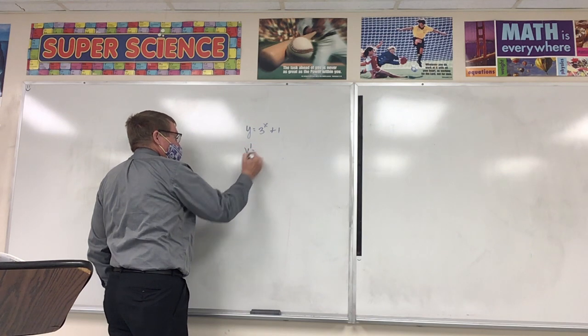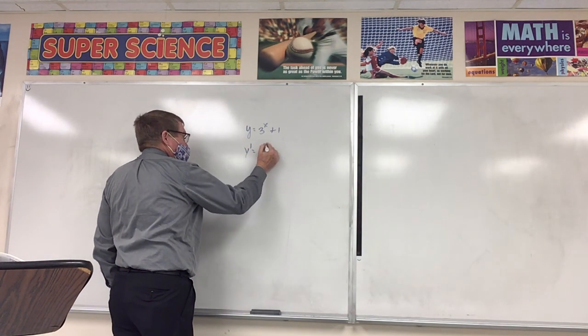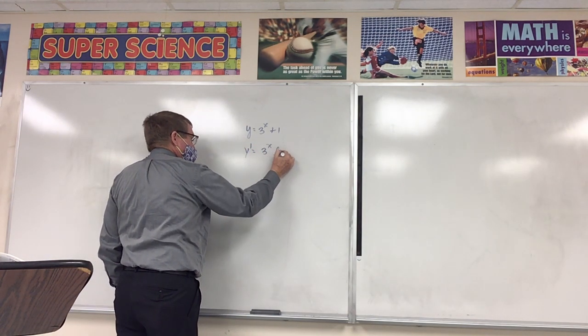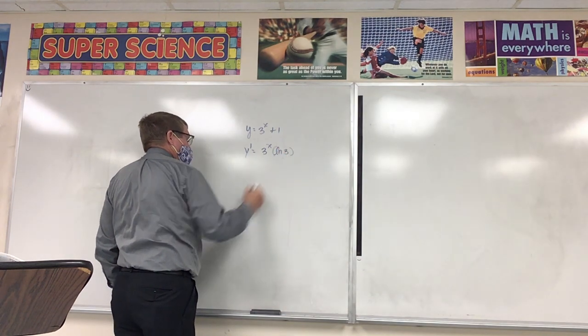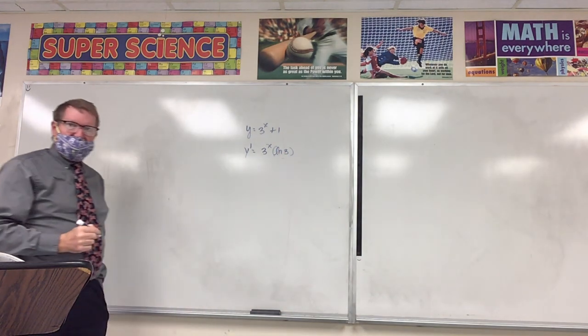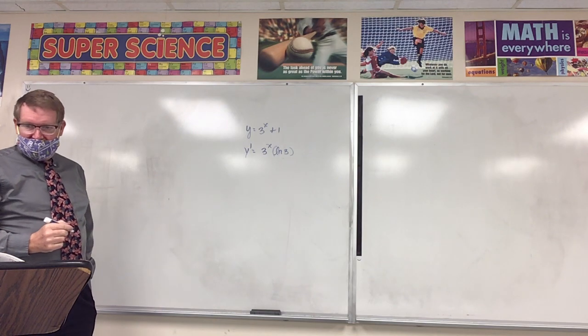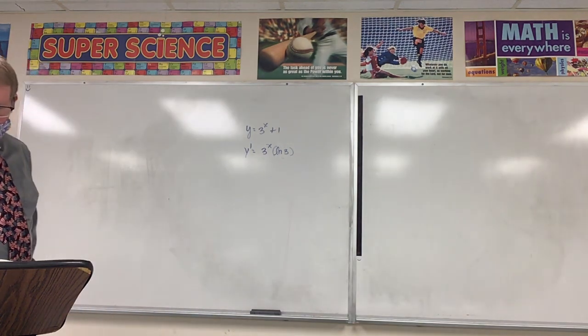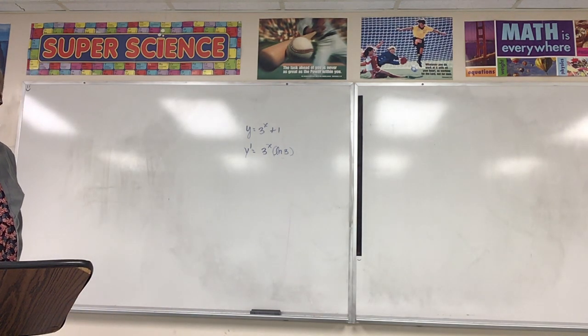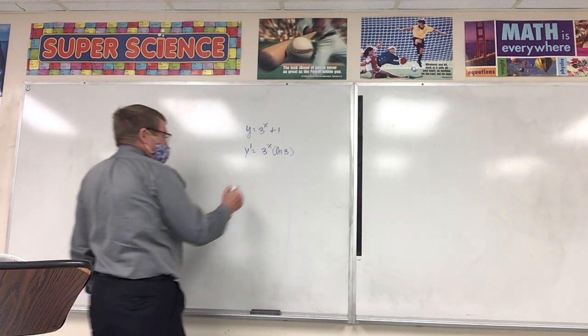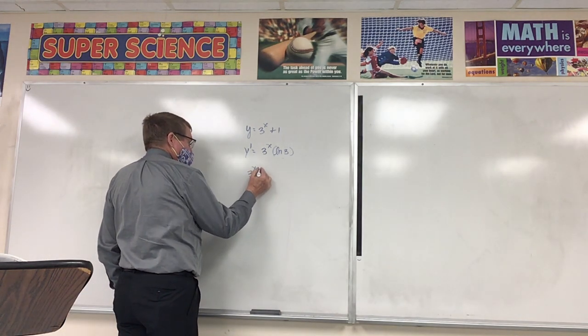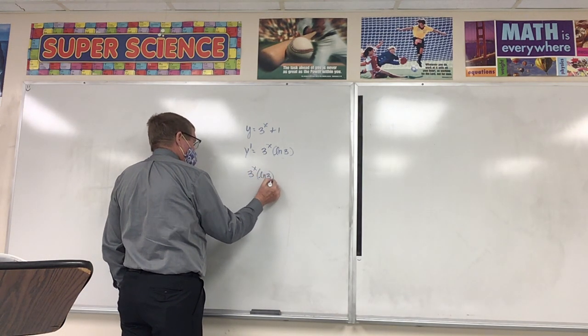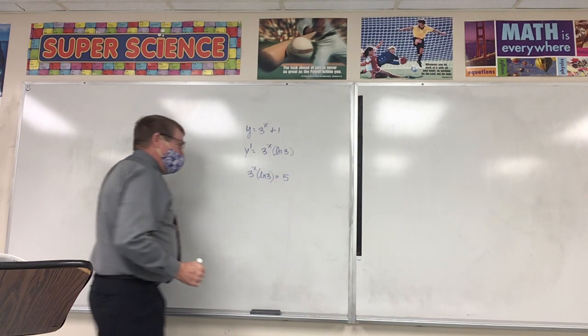So y prime equals 3 to the x ln 3, correct? Now we want the point on the graph where the tangent line is parallel to the line y equals 5x plus 1. So we need 3 to the x times ln 3 to equal 5.